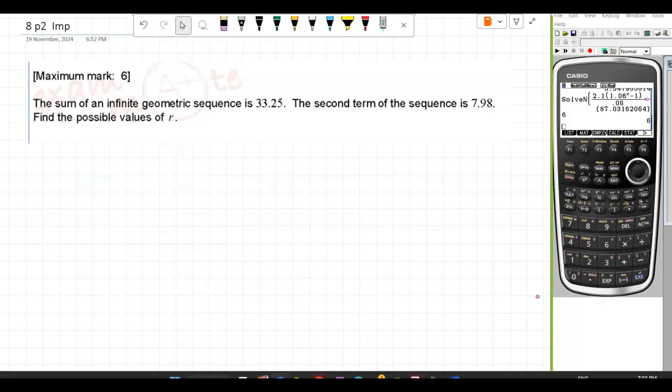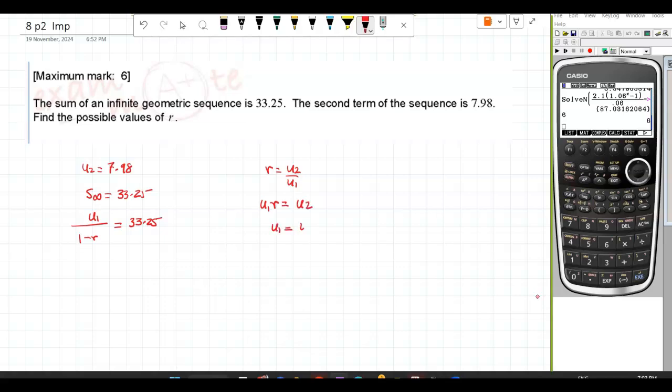The second term is given to you as 7.98. And the sum of the infinite terms is given to you as 33.25. Now sum of infinite terms u1 upon 1 minus r is 33.25. Now you should know that your r is equal to u2 upon u1. Correct? So if you cross multiply, u1r is equal to u2.